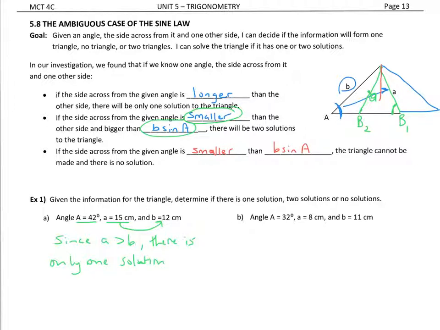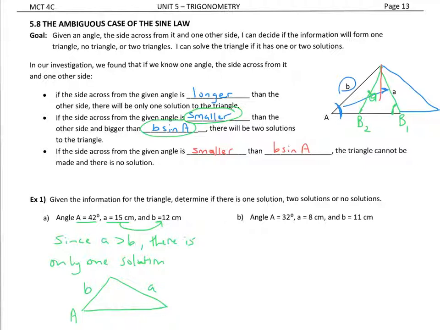We've got our angle A, and side A here is bigger than my side B, so it can't create two triangles out of that.